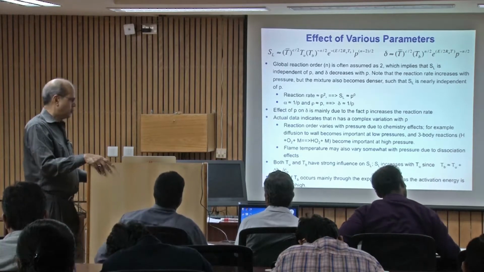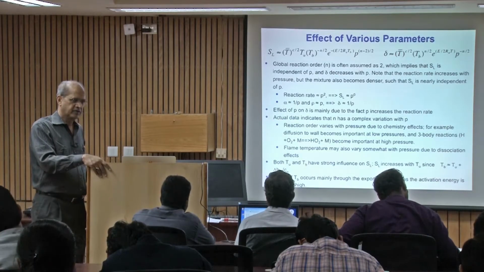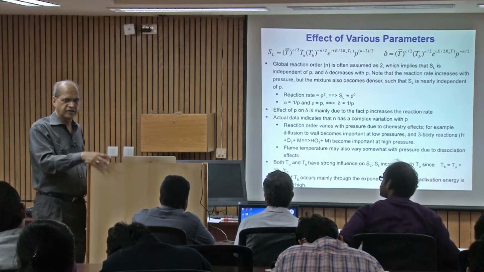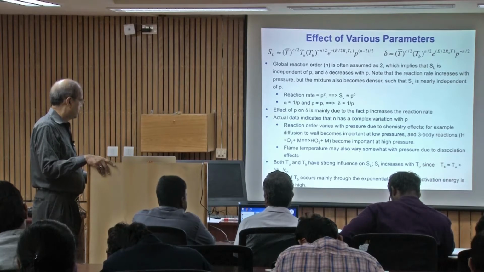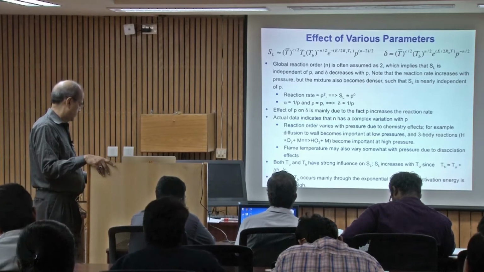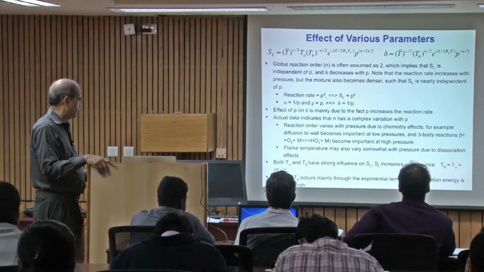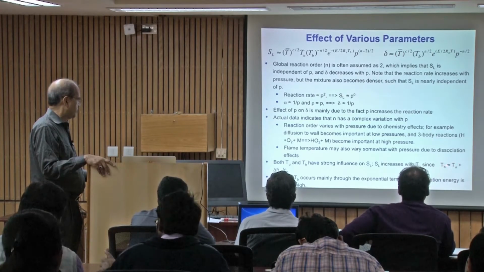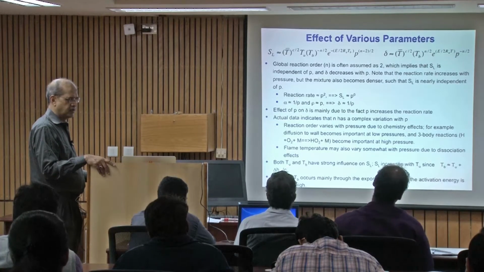So the reactant temperature has a strong effect on the flame speed, and there is a lot of data in the literature you can find. Effect of TU. Yeah, this is a very rough equation: TB equals TU plus delta H over CP.